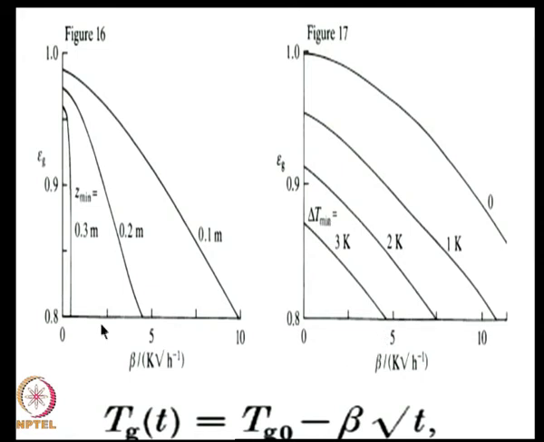The second parameter we saw was the height at which minima will occur. That also depends upon the ground cooling rate a lot. Of course, emissivity, as emissivity increases, the minima moves closer to the ground, and as the cooling rate increases, the minima comes nearer to the ground. Ultimately, it disappears, it goes into the ground.